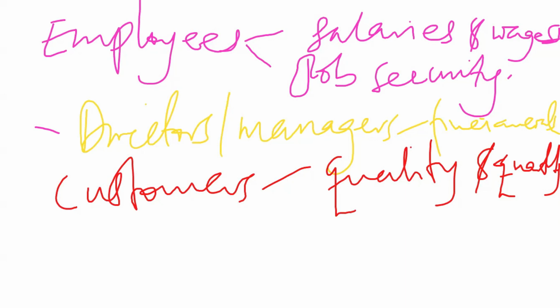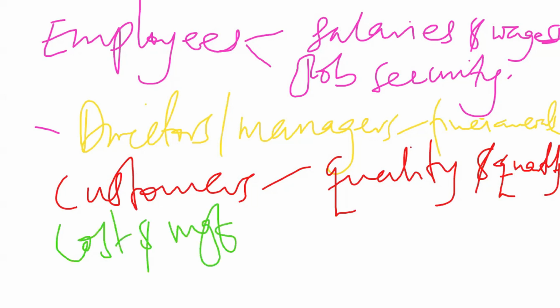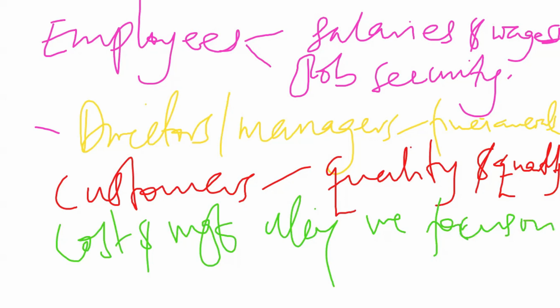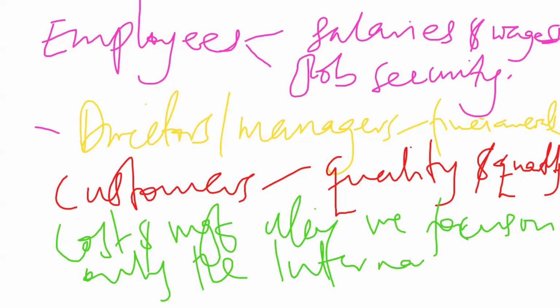So we said cost and management accountants always focus on this. Now, the gist of the matter is here. For cost and management accounting, we focus only on the internal users or stakeholders.